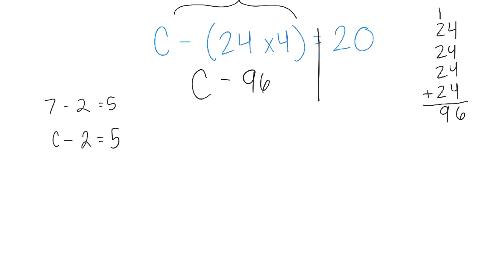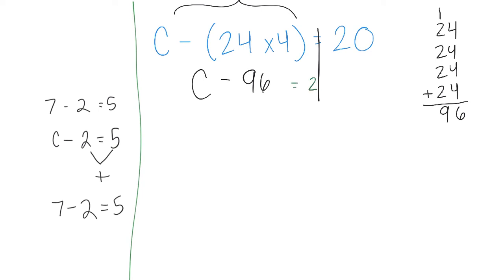Well, you know that because you actually added these two together. 5 plus 2 is 7. So I know that 7 minus 2 equals 5, right? They're part of the fact families. We are doing the same to solve for C here. So C, something minus 96 equals 20.